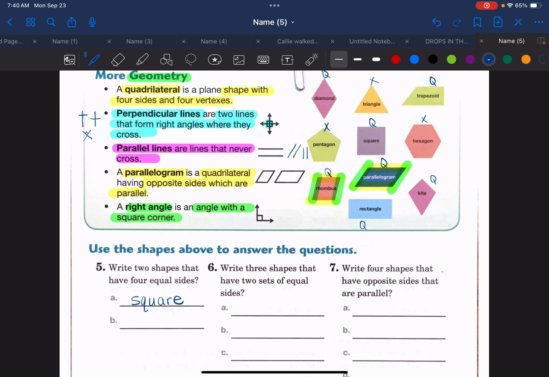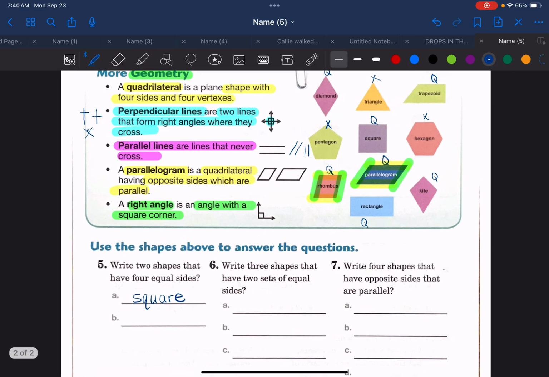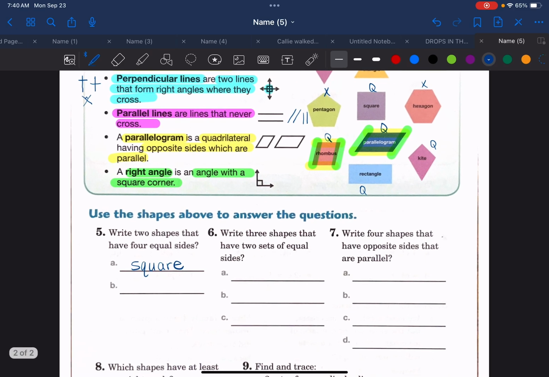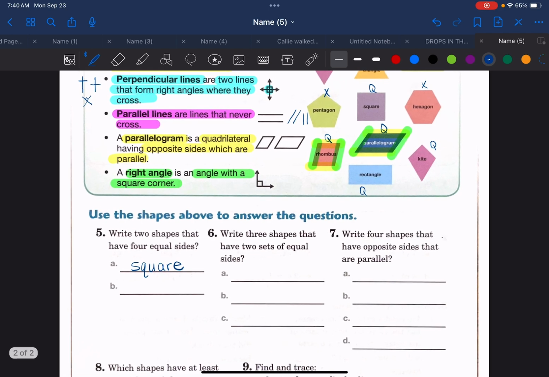The diamond looks like it could have all 4, or the rhombus. So I'm going to write rhombus. The rhombus is exactly like a square that just got blown over a little by the wind. So it does not have square corners like a square does, but it is 4 equal sides.